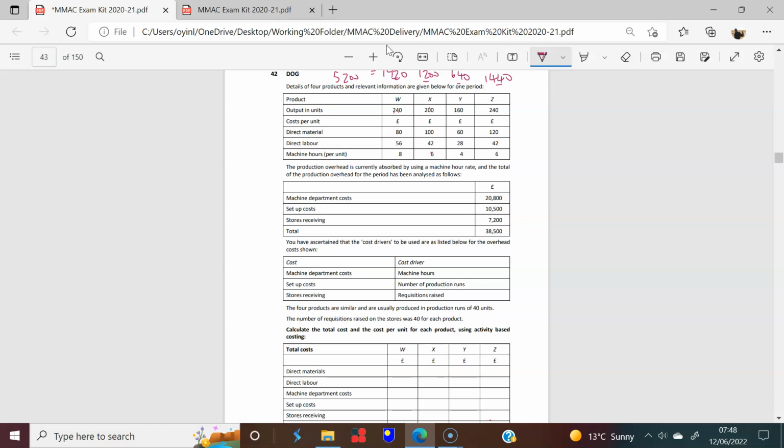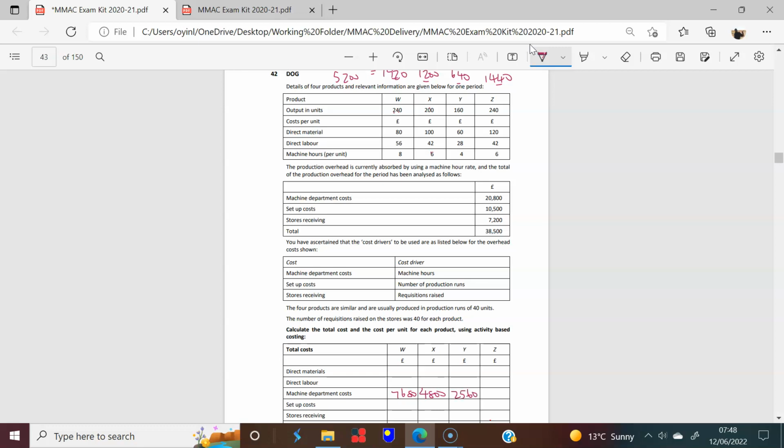So I'm just going to multiply £4 because it wants the totals, you see. So 4 times 1920 is 7,680. 4 times 1200 is 4,800. 4 times 640 is 2,560.